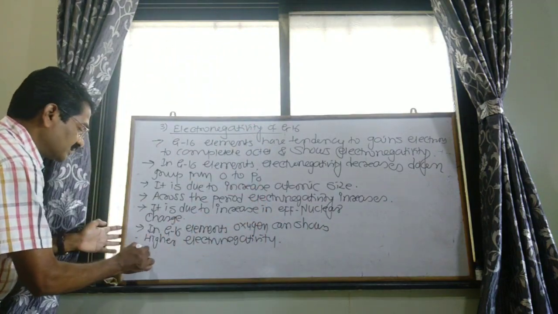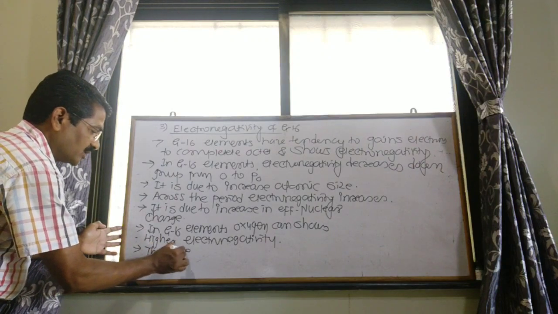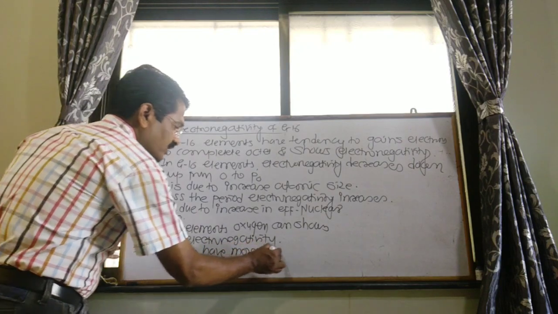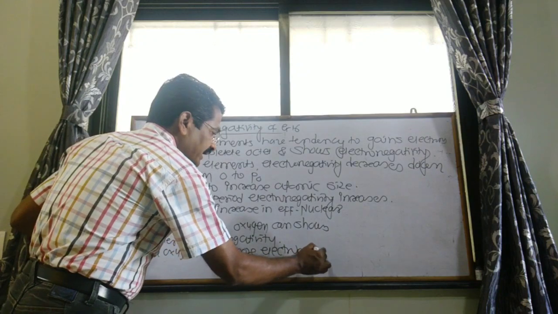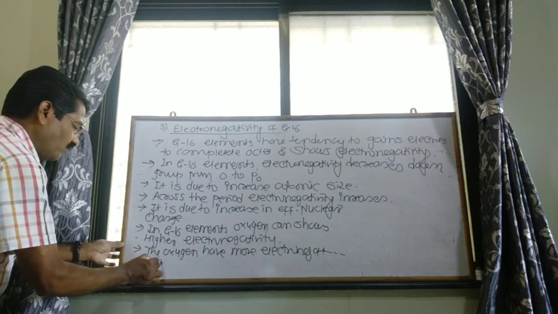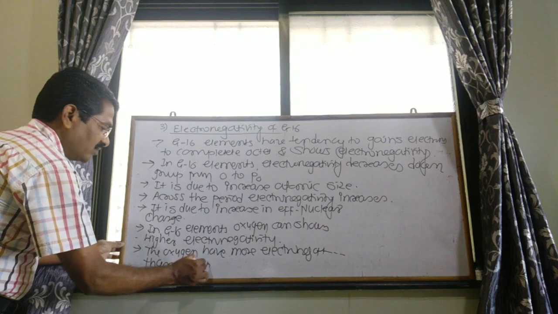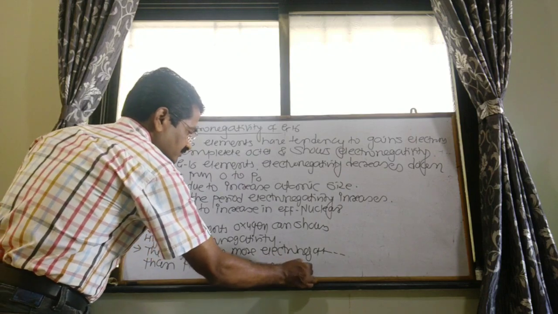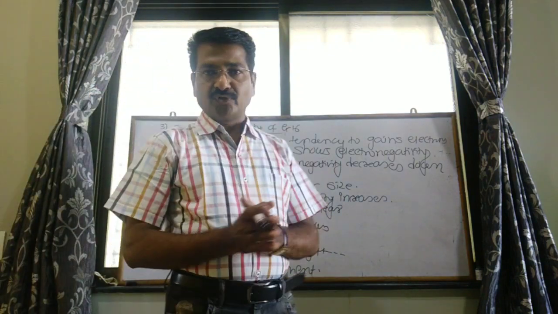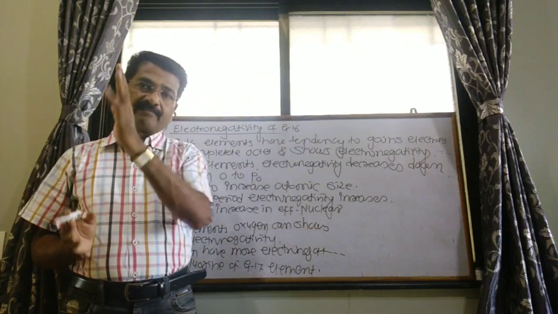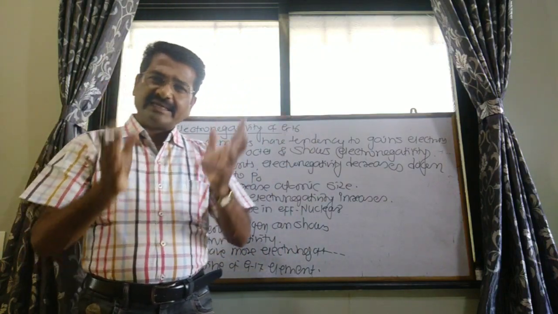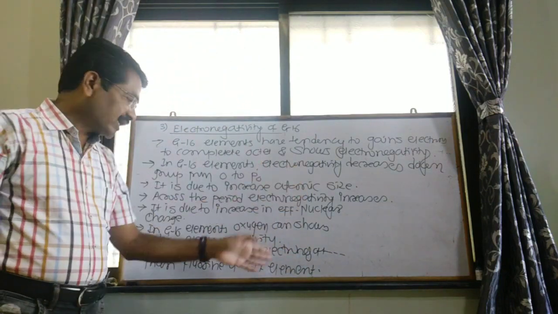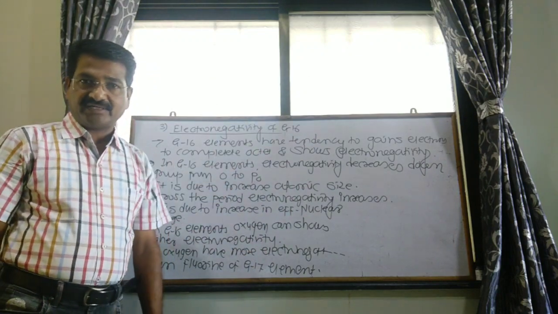And the last point, oxygen has more electronegativity than fluorine of G17 element. Actually, we know the electronegativity across the period increases, but in this exception, the electronegativity of oxygen is more than that of fluorine of the G17 elements.